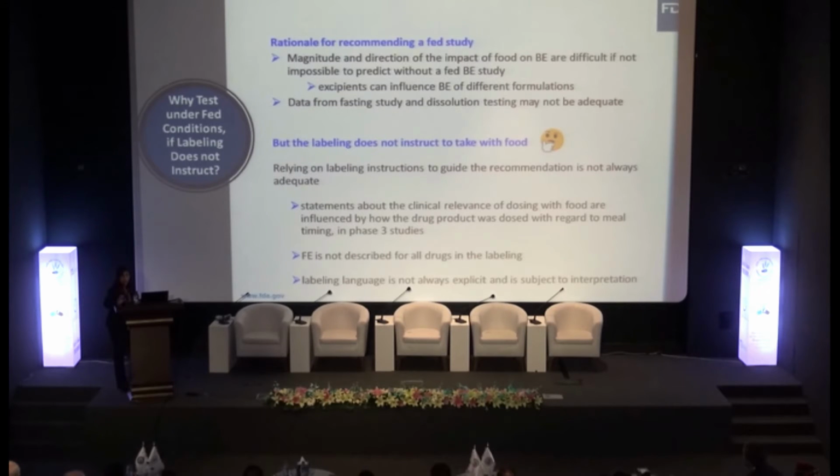For many drugs, the information about the effect of food on bioavailability is either not available, which means it wasn't tested at some point, or it's not included in the labeling, or it was tested, but at that time the review division might have felt it's not clinically relevant and we don't need to put it in the labeling. So there have been inconsistencies in how the information has gone into the labeling.